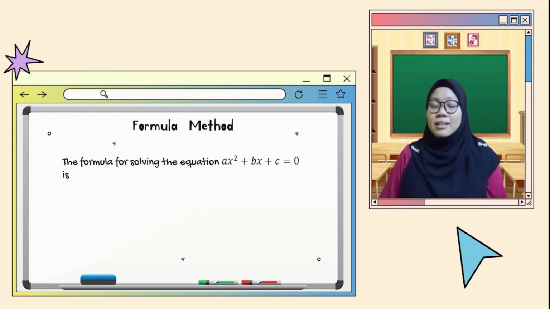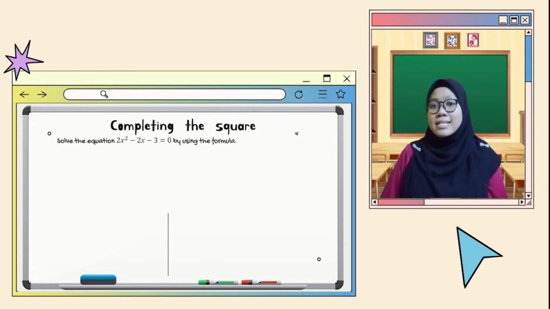Moving on to the next method, the formula method. This is the easiest way to solve a quadratic equation. The formula for solving the equation is this. Now, let's do one example. The question is: solve the equation by using the formula.